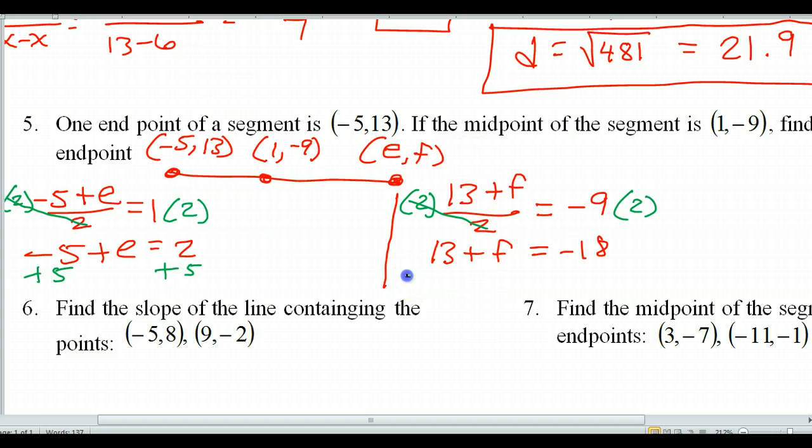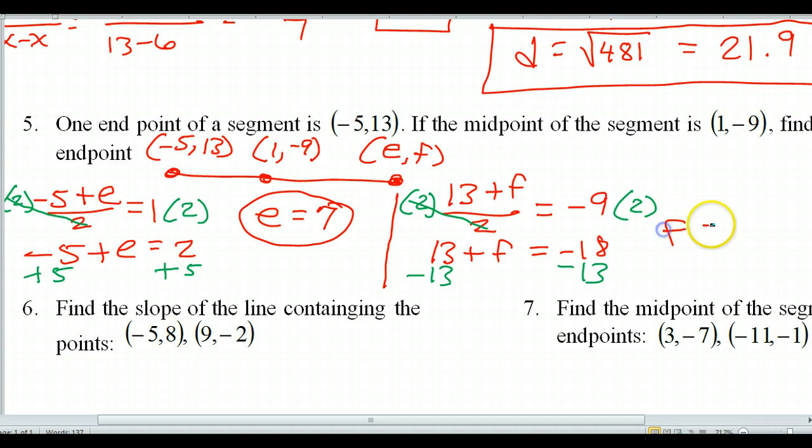And over here I need to subtract 13 from both sides. Okay, so that's going to give me E equals 7. And this is going to give me F equals negative 31. All right, so of course that means the final answer is that EF is 7, comma, negative 31.